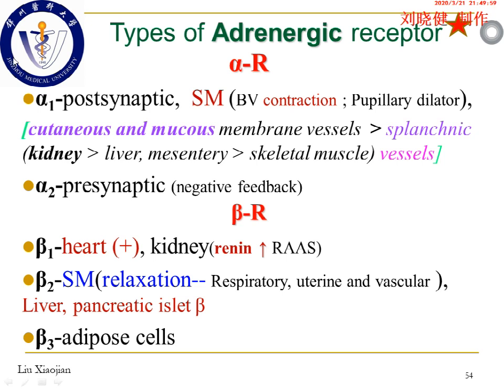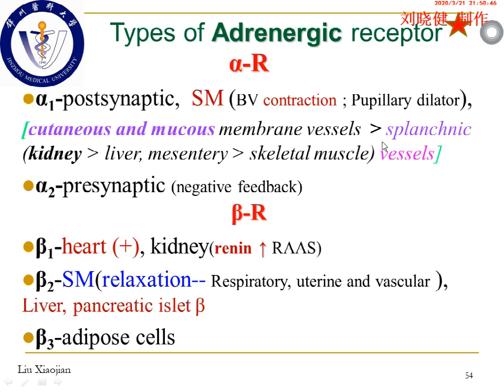Now, look at this. Usually, the alpha-1 density is the highest in the blood vessels in cutaneous and mucous membrane tissues. Compared with the blood vessels of other tissues, alpha-1 here is the most.